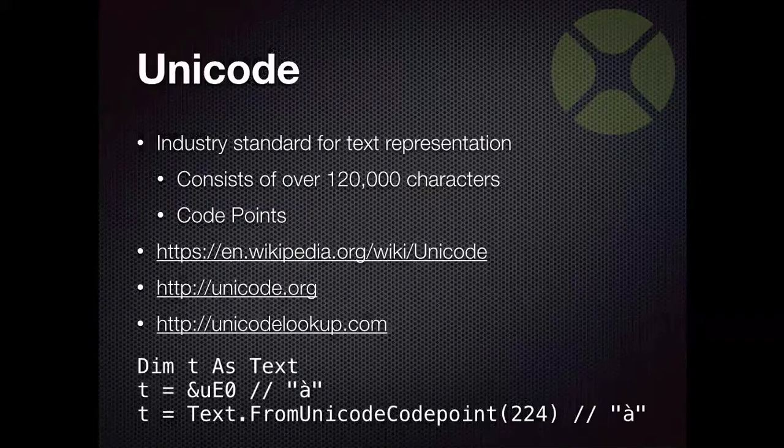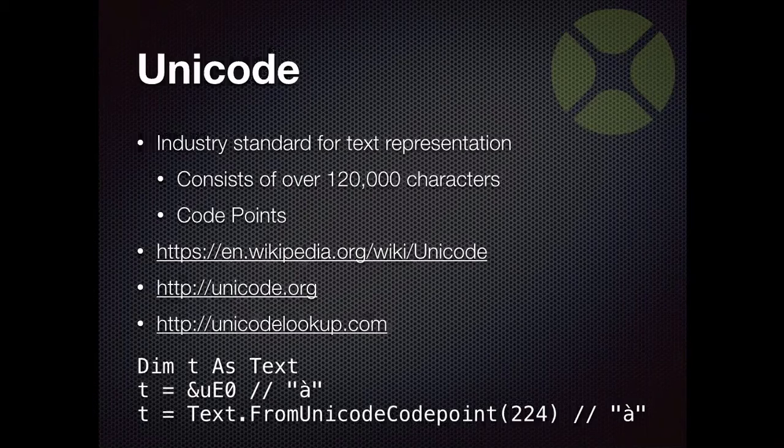So here's an example of Xojo code that is using Unicode code points. You can see the first example is using a literal. That &U means we're going to put in a hexadecimal Unicode code point value. E0 there is the code point for this A with the accent grave over it.